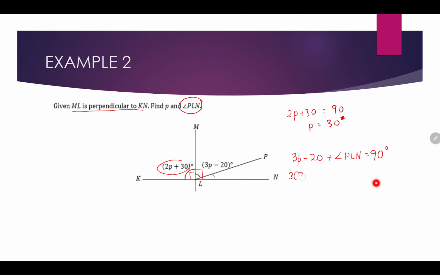So 3 times 30 minus 20 plus angle PLN equals 90 degrees. And then here is 90 minus 20, plus PLN equals 90 degrees. So we find that the angle PLN equals 20 degrees.